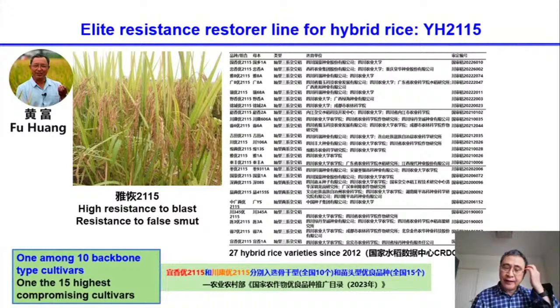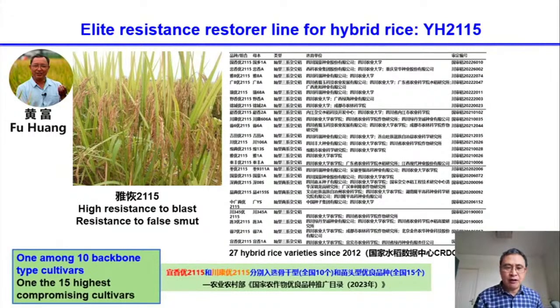So finally, we used these genes and reached an elite cultivar we call Yahui 2115. There are like 27 hybrid rice cultivars already released based on this one.